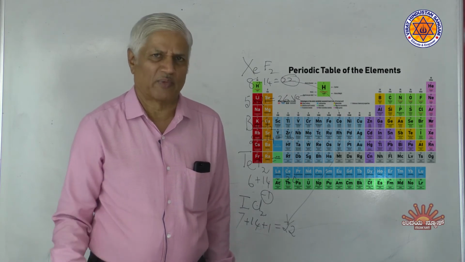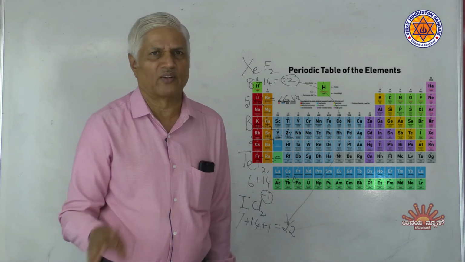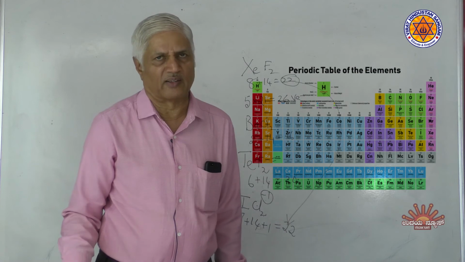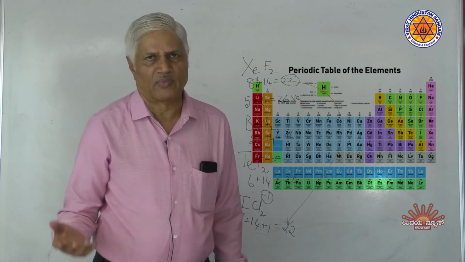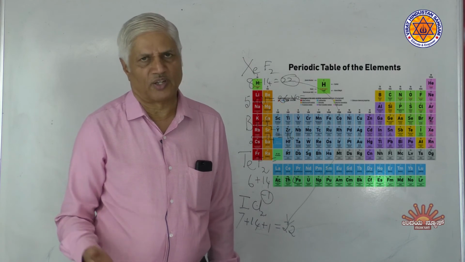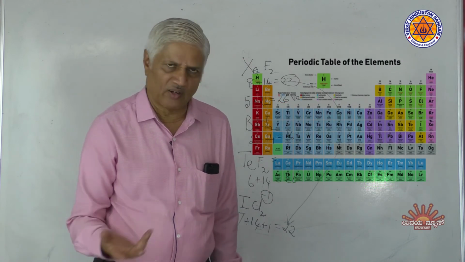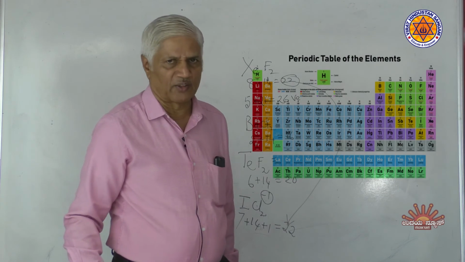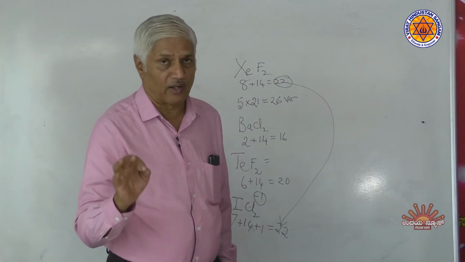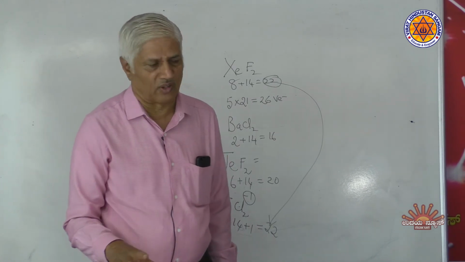Some s-block elements: first group, only 1, sodium, potassium, etc. Second group, alkaline earth metals, beryllium, magnesium, calcium, strontium, barium, all these are alkaline earth metals. Second group, 2 electrons. This knowledge is required to answer many other questions also.